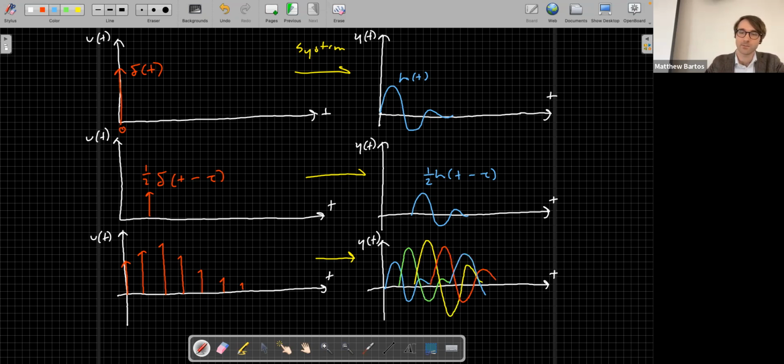Let's just finish off here. The ultimate response of the system will essentially be what we get if we add up or integrate all of these individual responses together.